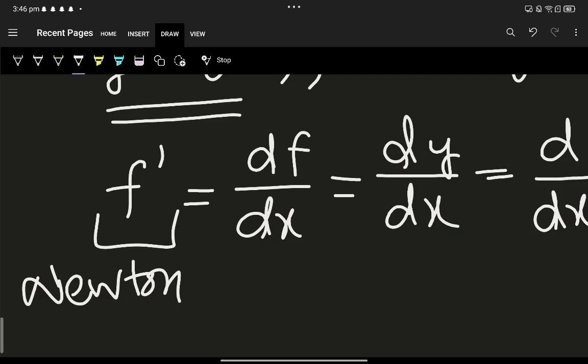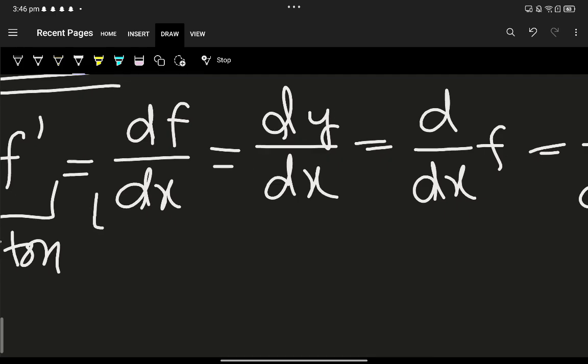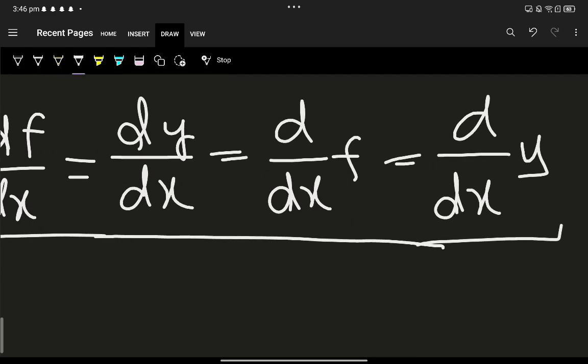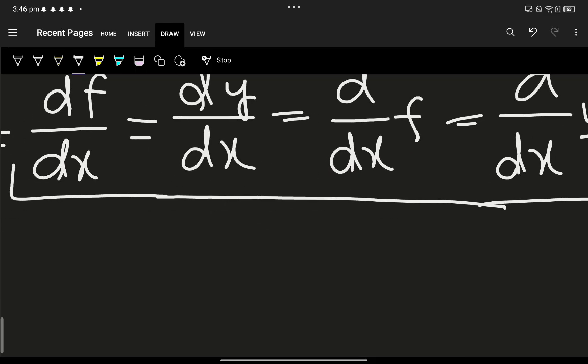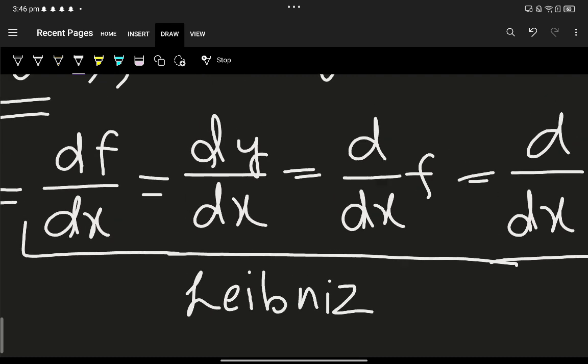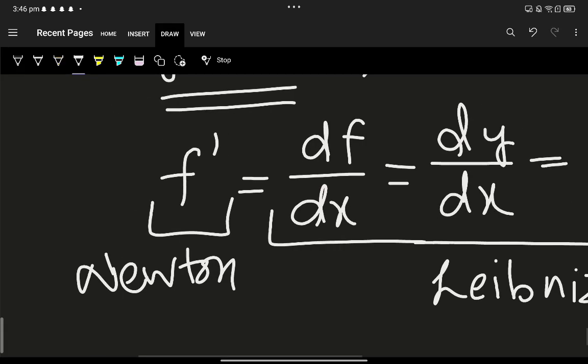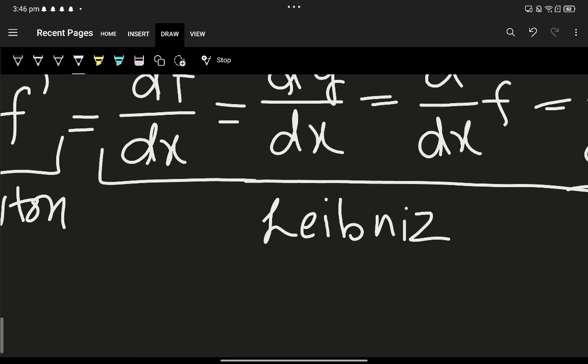The most dominant was Leibniz, who used these expressions to convey his ideas. So yeah, this was Newton's way of writing the derivative, and the rest were Leibniz's way of expressing the derivative.